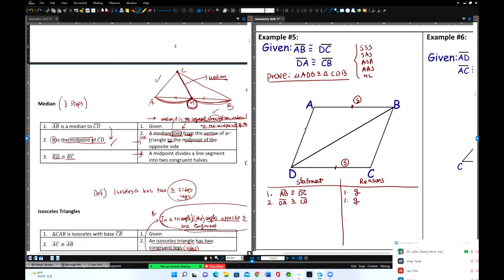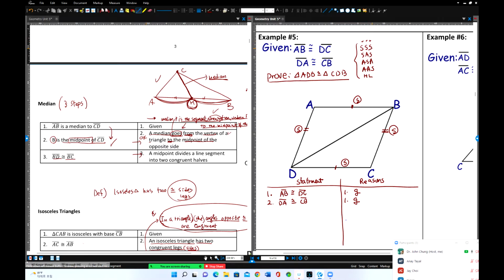DA congruent to BC is also congruent. They are done. But we cannot make a conclusion yet. We need one more. Always 1, 2, 3. We need one more.